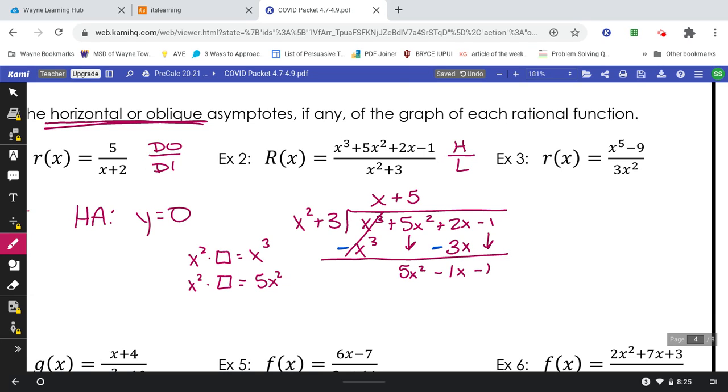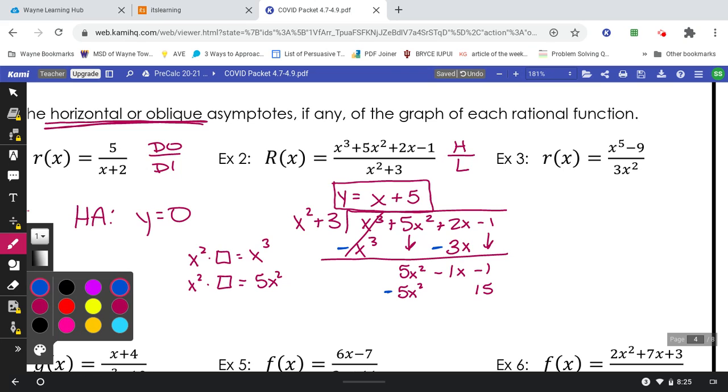Now the good news on this problem is because I ignore the remainder, as soon as I get to this x plus 5, I can just put a y in front and be done. However, if you want to keep going, 5 times x squared, 5x squared. 5 times 3, 15. Change your signs.